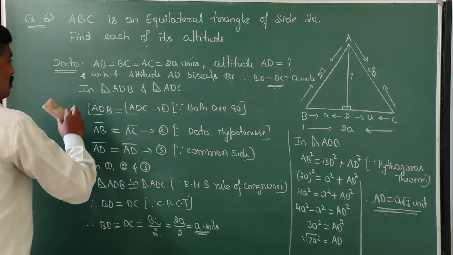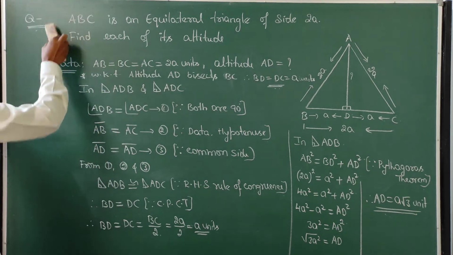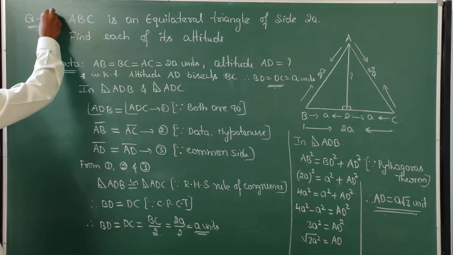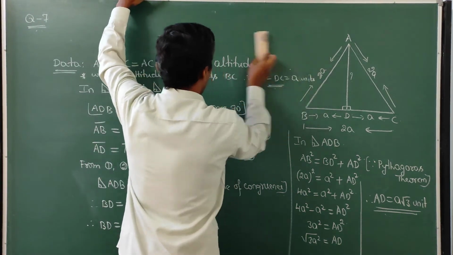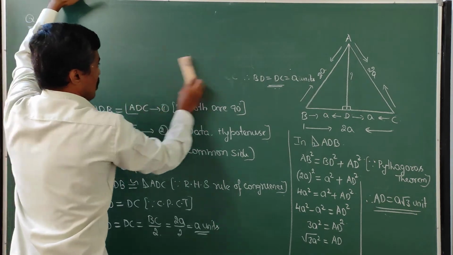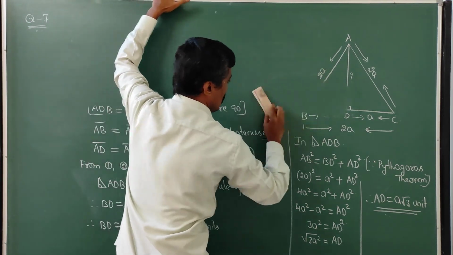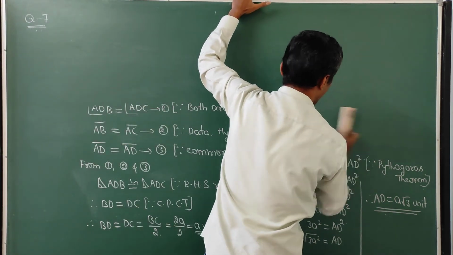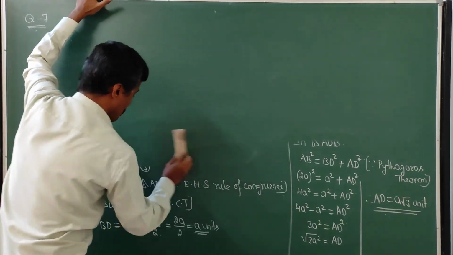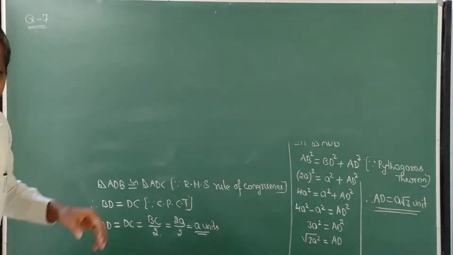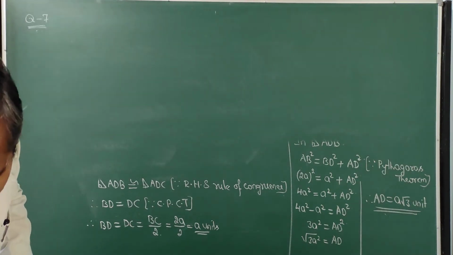Okay, next I'll move on to question number 7. Question number 7 is based on rhombus, one of the quadrilaterals.